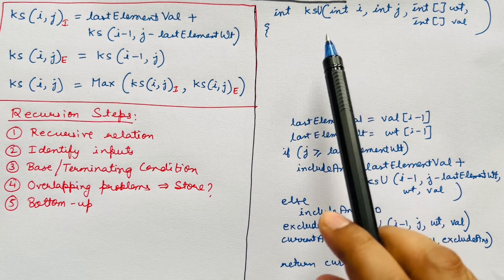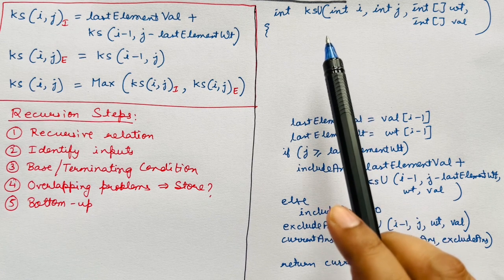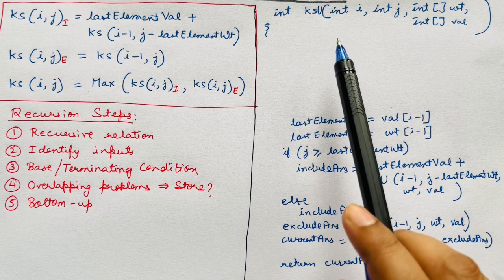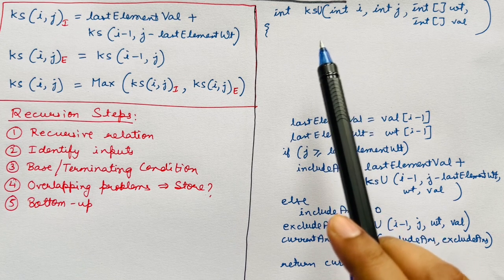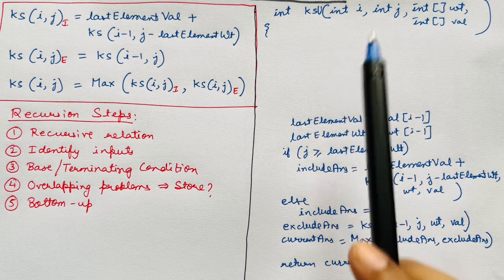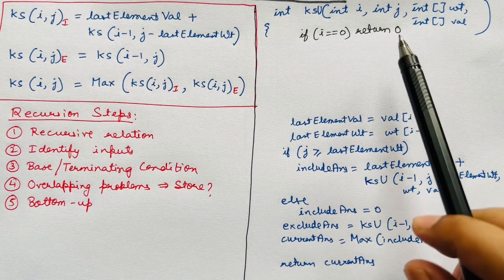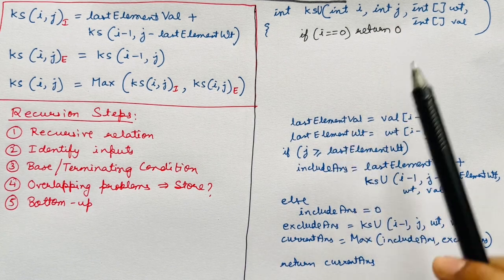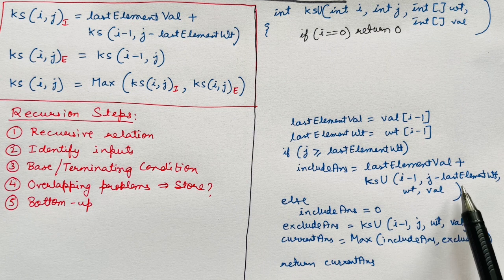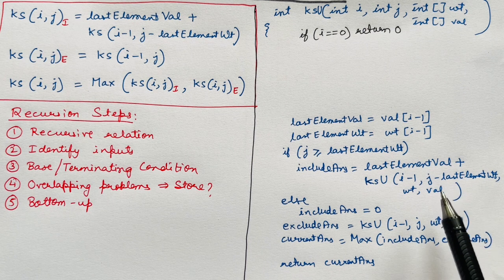So when do our number of items become smallest? When I becomes 0. What does I becoming 0 signify? It means that there are no items to consider. So obviously the maximum value that we can achieve is 0. Now let us see what is the minimum value that j can reach. Now j is getting reduced by a random weight in every recursive call.